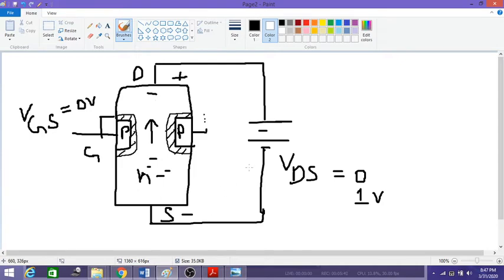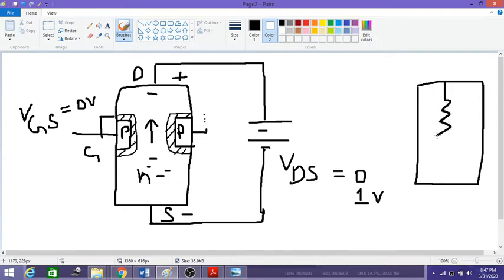Thereby the electrons flow from source to drain. Near the source the electrons get repelled, and at the drain the electrons get attracted, so there is a flow of current from source to drain. Now there is a flow of current, and this channel acts like a resistance, like this.